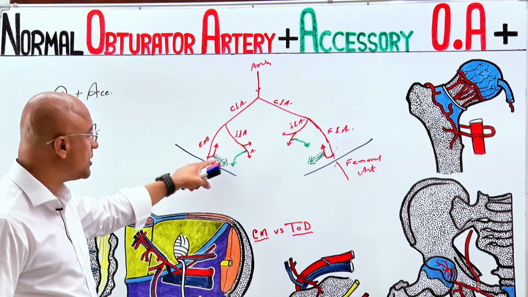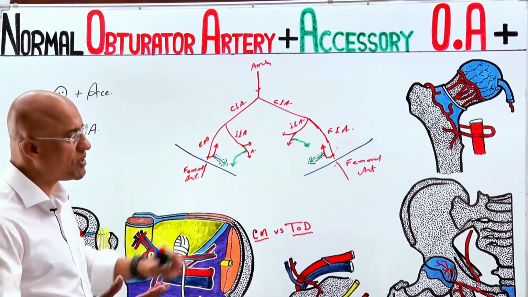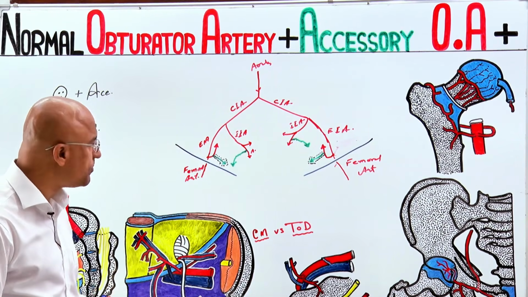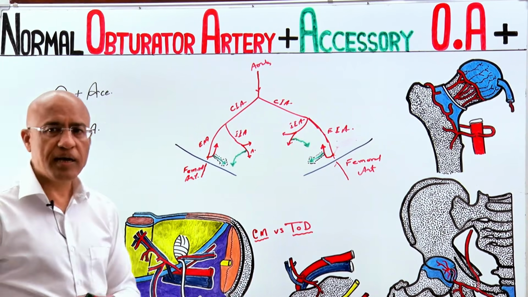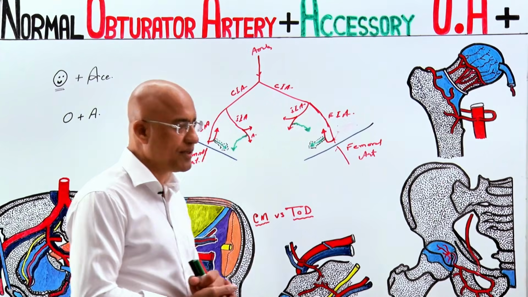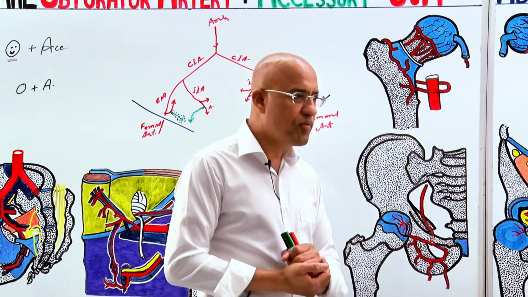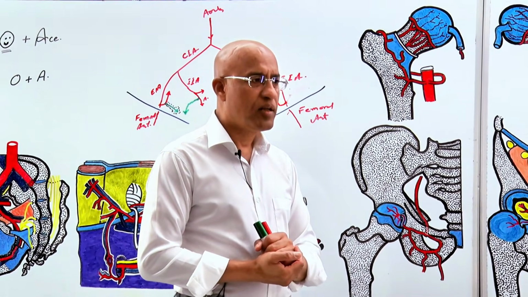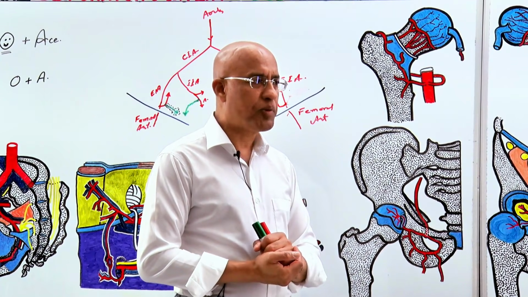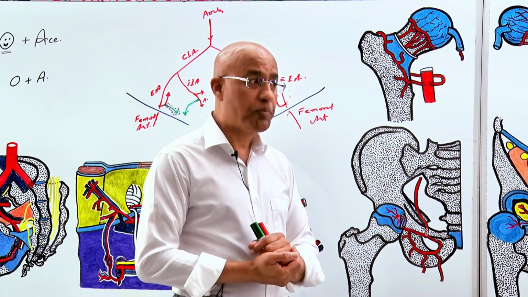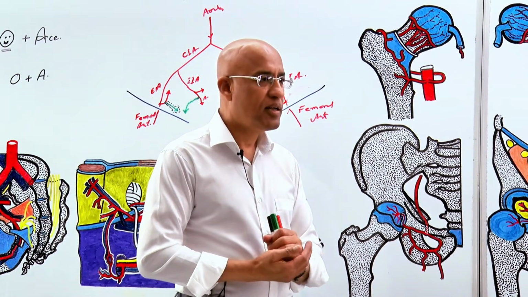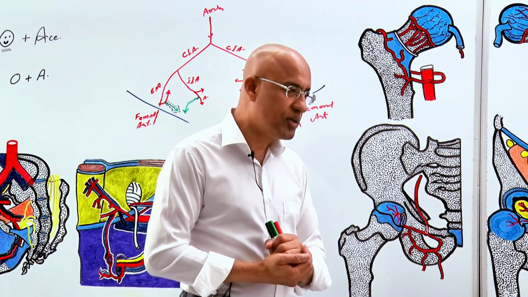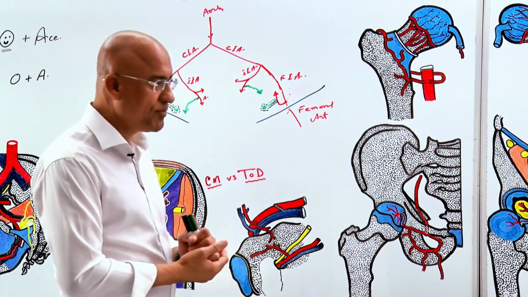Of course, this is the inferior epigastric, which is the branch of the external iliac system. Is that clear? So it means when we say that there is a person who has an accessory obturator artery, in this person there is a typical obturator artery also plus there is an additional accessory obturator artery. Now we think of another person.